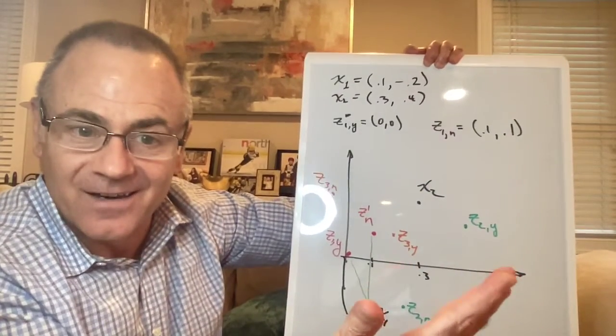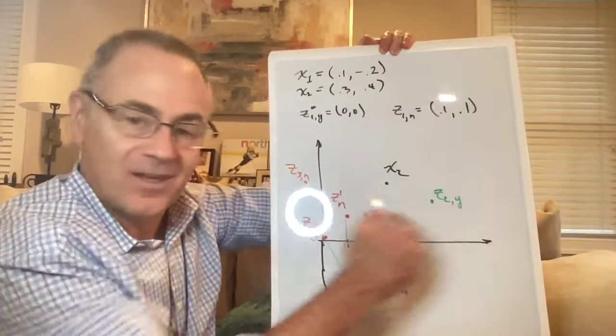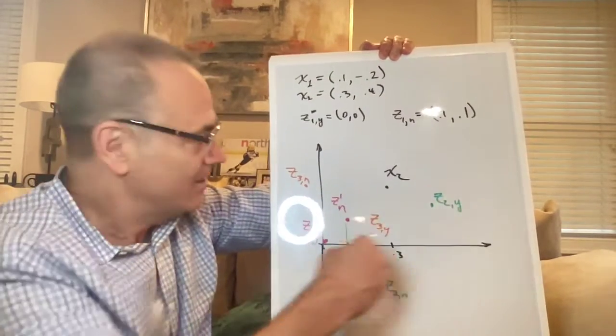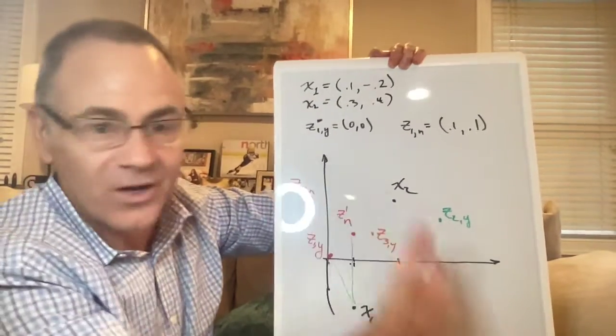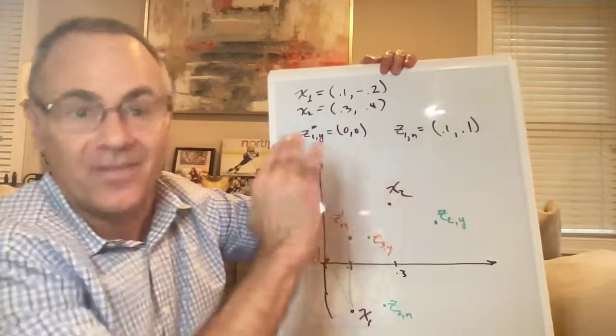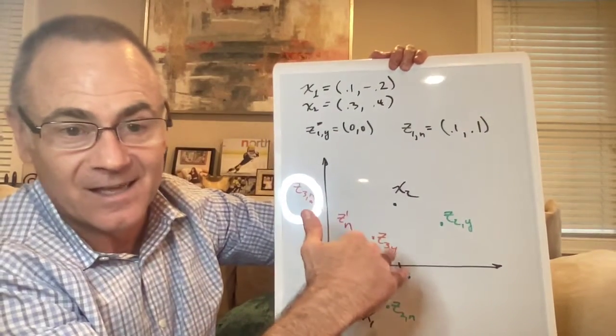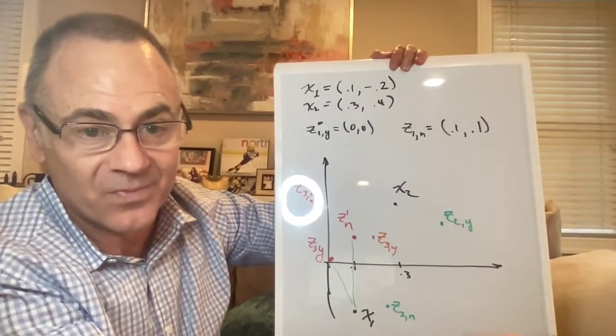How do you do that? Okay, one way is to just shift all the X's and the Z's to the right, 1 unit or 3 units. If you shift all of them the same amount, that preserves the distances, and therefore the likelihood function is going to remain the same.